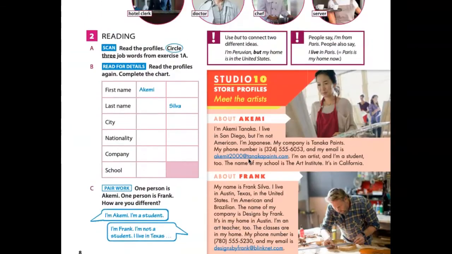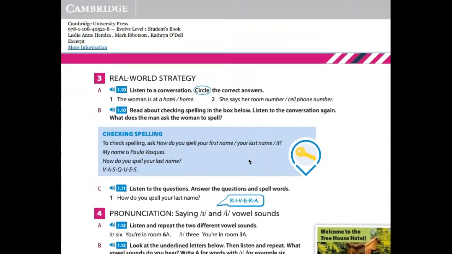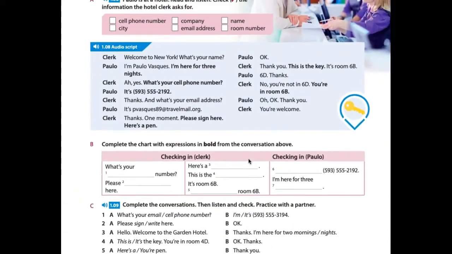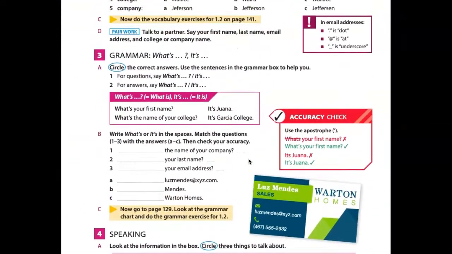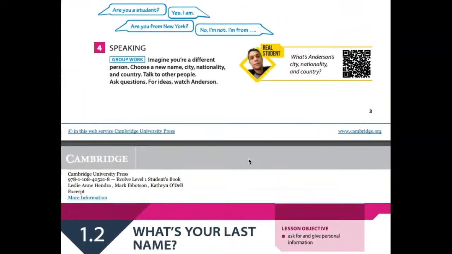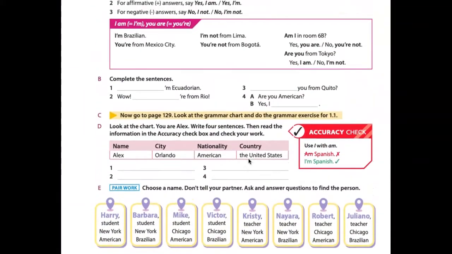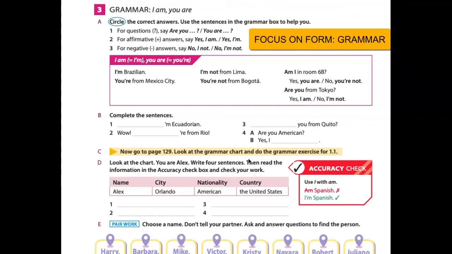Now, the third key element, focusing on form. Let me go back so I can find it. Wait. Here. I'm going to show you one example, but there are more. Here, remember, focusing on form means focusing on grammar, pronunciation, functions, discourse. Okay?